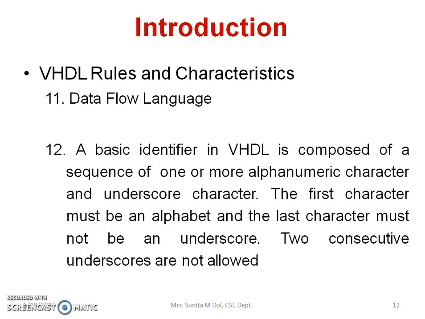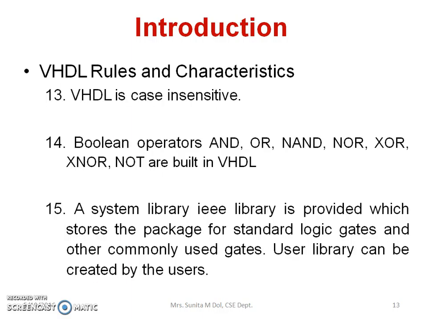A basic identifier in the VHDL is composed of sequence of one or more alphanumeric character and the underscore character. The first character must be an alphabet and last character must not be an underscore. Two consecutive underscore are not allowed. VHDL is case insensitive, that is, upper and lower case letters are considered identical.